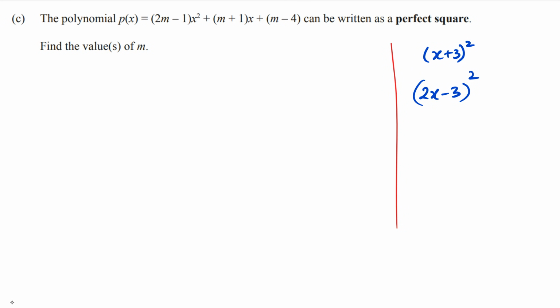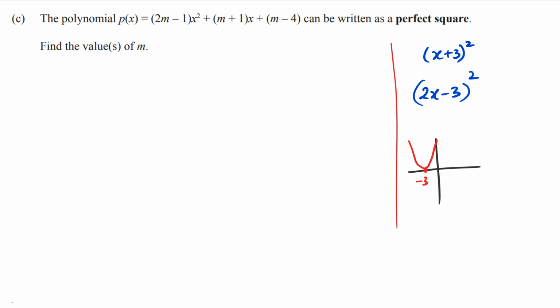But what you need to understand about perfect squares is that they only intersect the x-axis once. If it's x plus 3 squared, it's going to touch at the point minus 3. So it only touches the x-axis once.